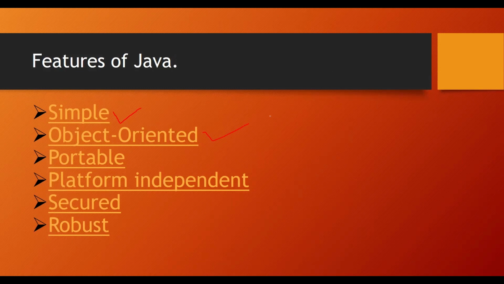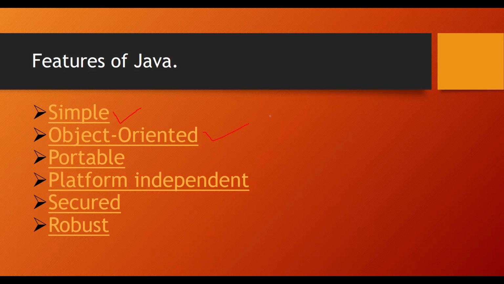The same thing is happening with Java code. We can carry the Java bytecode to any platform and run it very easily without any implementation. That is the reason it is called a portable programming language.